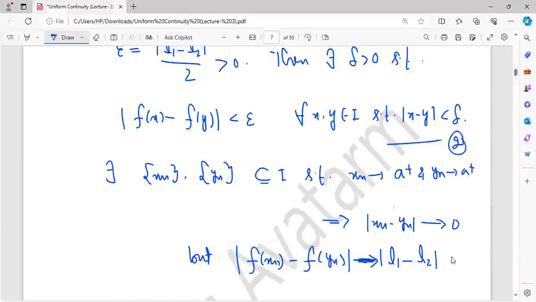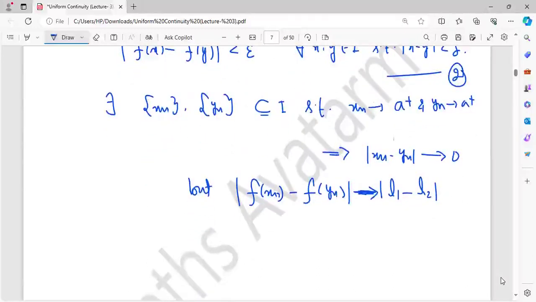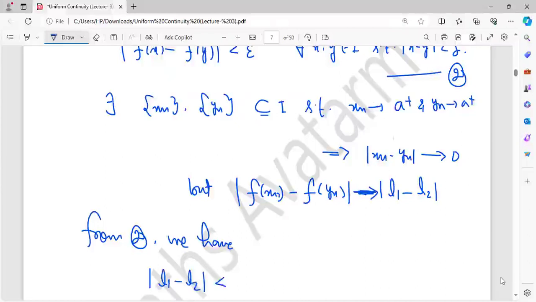So from 2, we have L1 minus L2 is less than epsilon. What is the value of epsilon? (L1 minus L2) by 2.